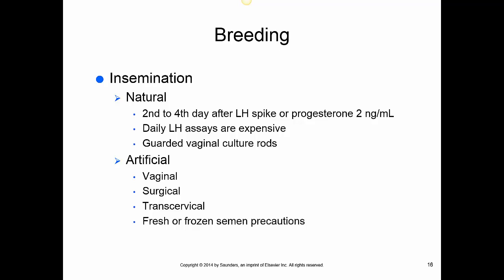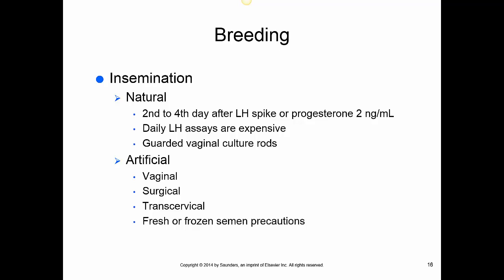These are expensive, but we can figure out the best time to actually put the male and female together. And this is usually done when you have people trying to breed a male and female naturally over distance. So say somebody in Houston wants to breed their bitch to a stud up in Dallas, but they're wanting to do it 1 or 2 days at most.